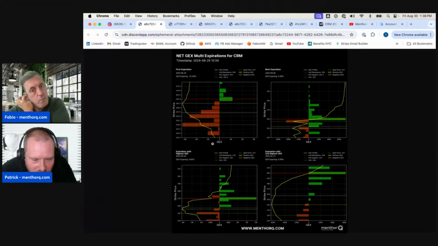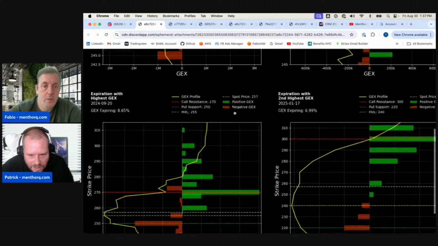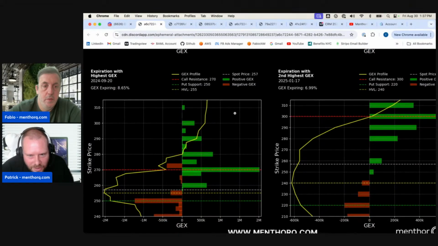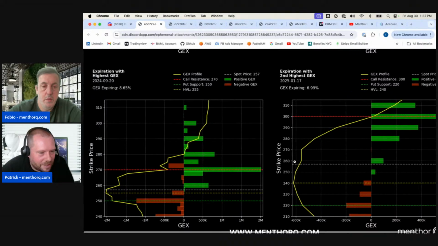So at the moment we see the highest price level on the expiration date 8:30, for example, 272.50. But if we go down to the left side, to the last one, on 2025 1/17, we target 310. 2024 9/20, we also target 310.